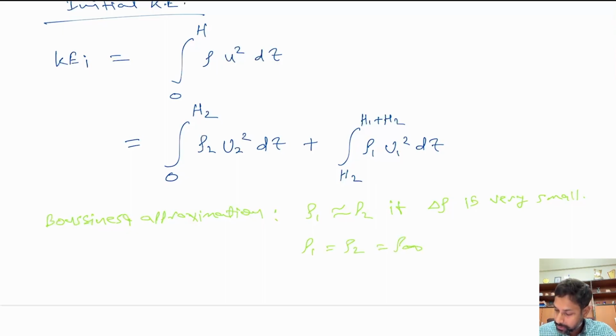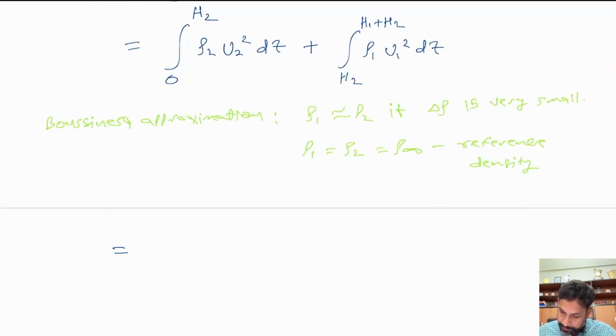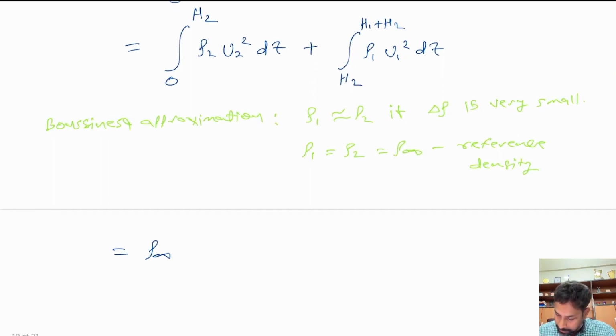Okay, we will call rho infinity the reference density. So this will give us rho infinity u2 square h2 plus u1 square h1.